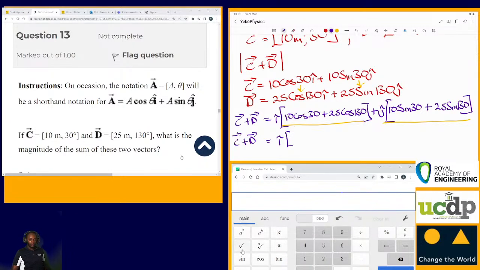Clear everything. So we have 10 cos 30 plus 25 cos 130.